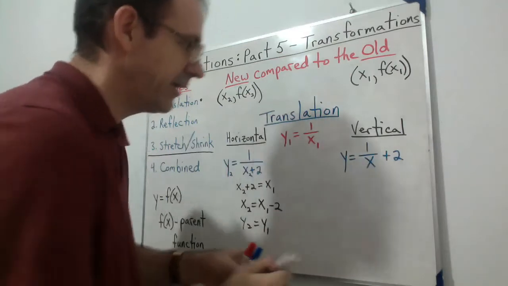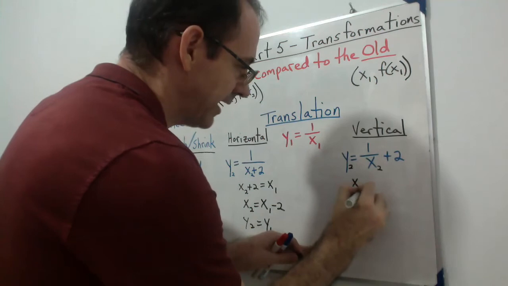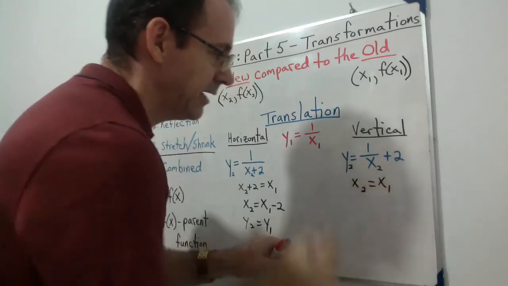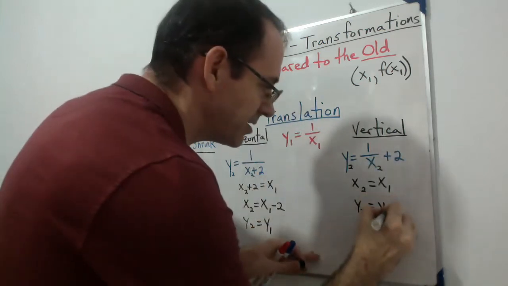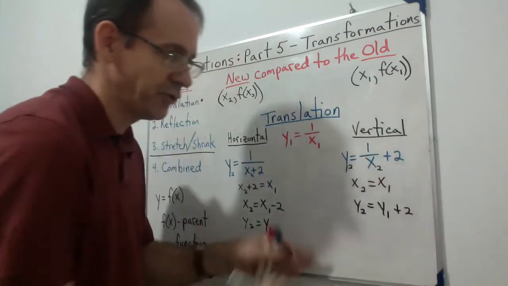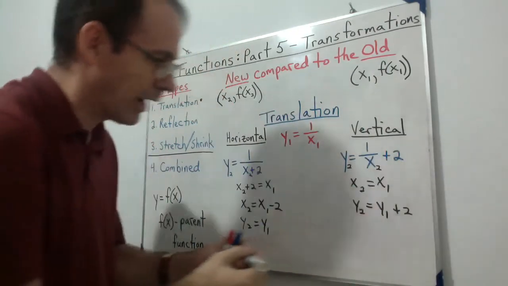This one over here, your x2 just replaced x1, no change in the x. But your y2 is now the y1 function plus 2. It's outside the function, okay? So the change is on the y-axis.